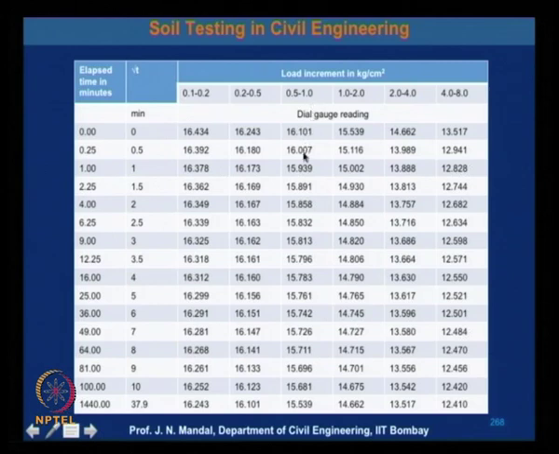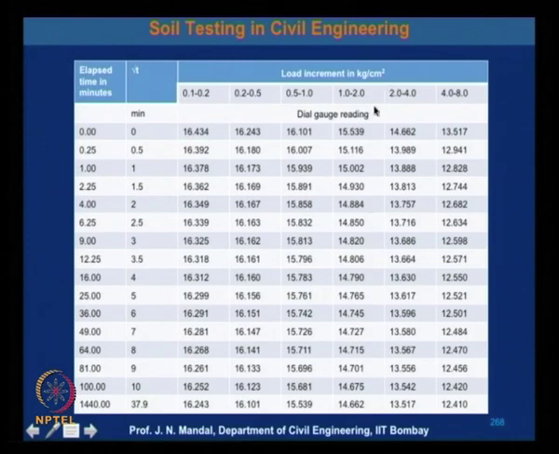Then you take the reading again, that initial reading is 16.601, and under the different elapsed times you keep on taking the reading, and after 1440 at a load of 0.5 to 1.0, you have a dial gauge reading of about 15.539.